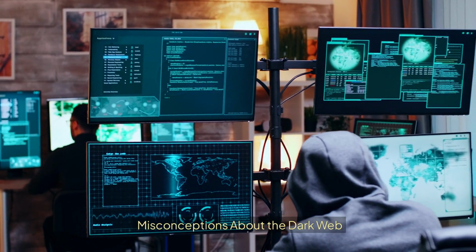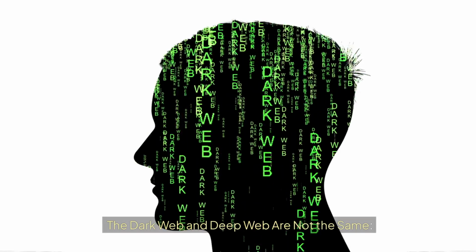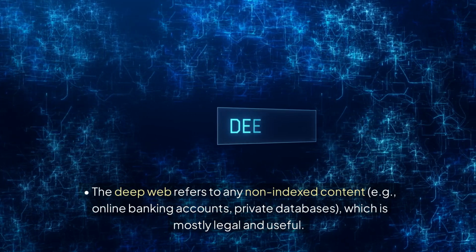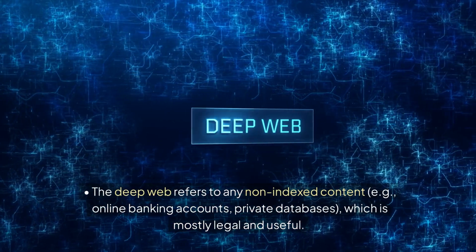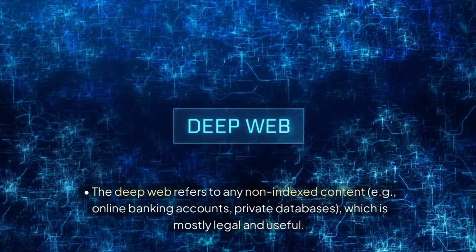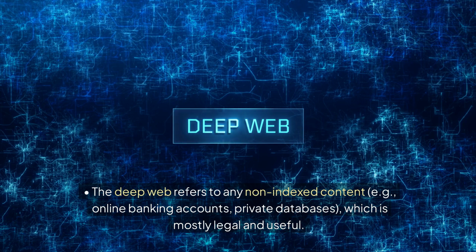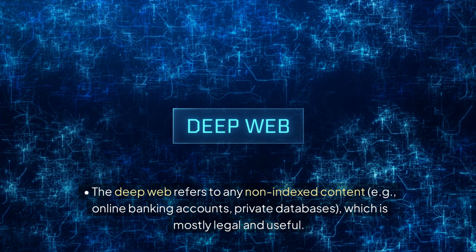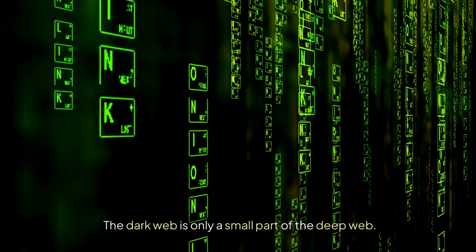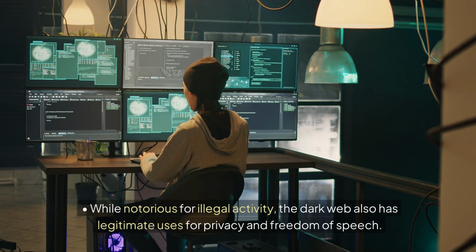Misconceptions about the dark web. The dark web and deep web are not the same. The deep web refers to any non-indexed content, e.g., online banking accounts and private databases, which is mostly legal and useful. The dark web is only a small part of the deep web, and it is not entirely illegal.